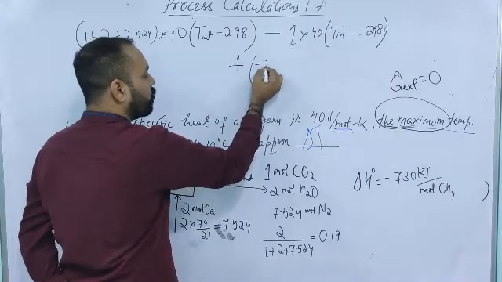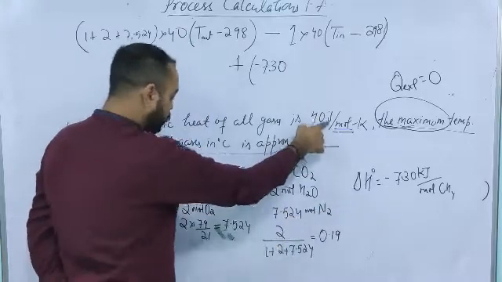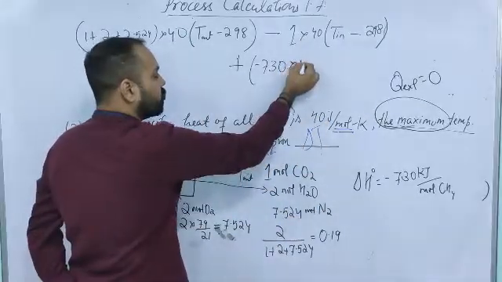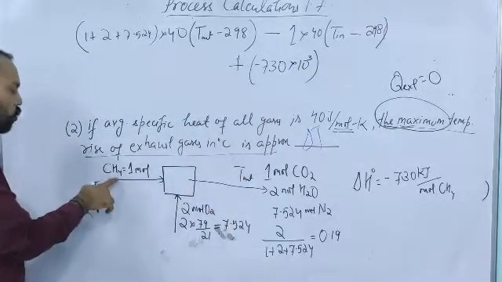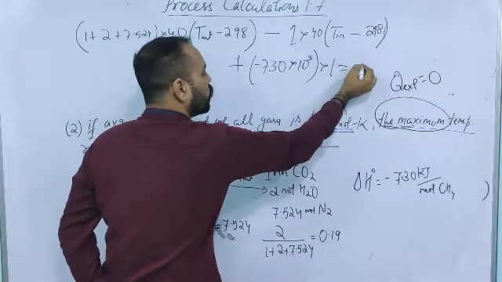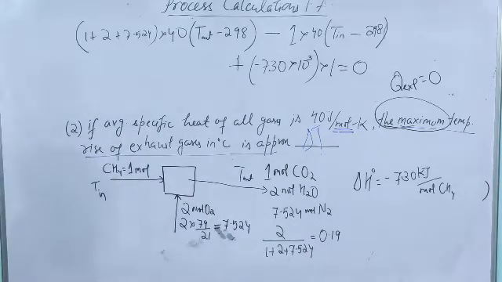I told you that you have to use this along with sign because it is kilojoule. The rest of the values are in joule, right? Even the Cp value is in joule. So I have to convert this into joules and multiply by Fa naught into Xa. What is Fa naught? 1. What is conversion? 1. So it should be multiplied by 1, equal to Q external, which is 0.